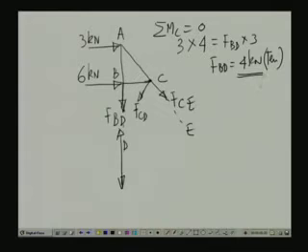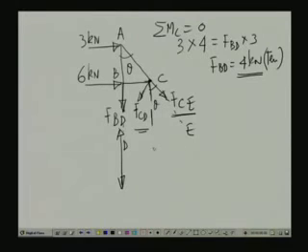This force divided by the cross sectional area will give me the stress in the member. Now, this particular angle we had assumed as theta, hence this is also theta, and again we can take the horizontal and the vertical equilibrium of all the forces, and we can compute the values of FCE and FCD.